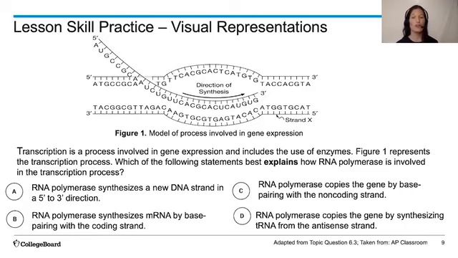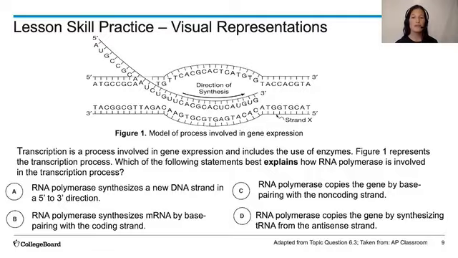Welcome back. Hope you enjoyed your time looking at figure 1, which is a model of the process involved in gene expression. Our question tells us that we're looking at transcription, a process involved in gene expression that includes the use of enzymes. This figure represents the transcription process.